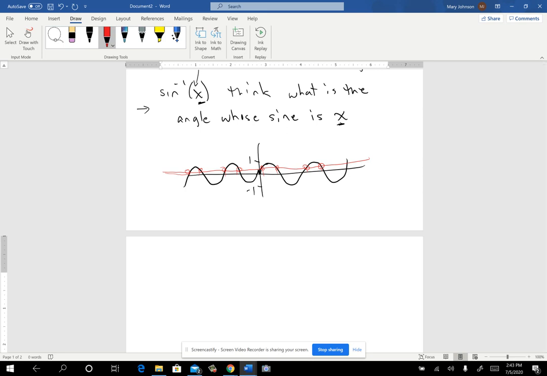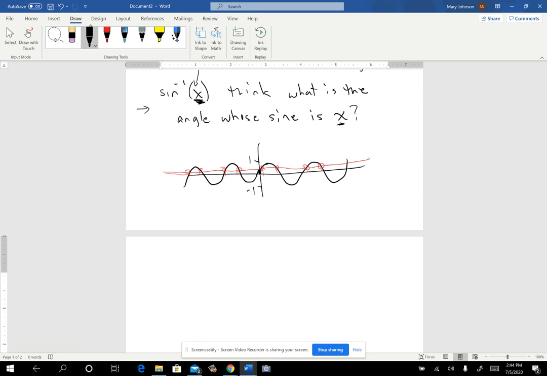So what you want to think about is sine inverse of x. That is supposed to be giving you the angle whose sine is x. The problem with only thinking of it that way is there's a whole bunch of angles that might have a sine that turns out to be that value, because the sine function is periodic and keeps on repeating.